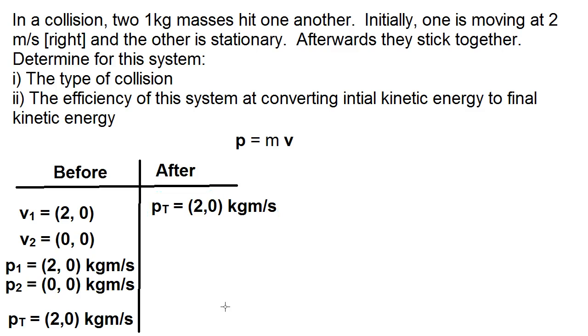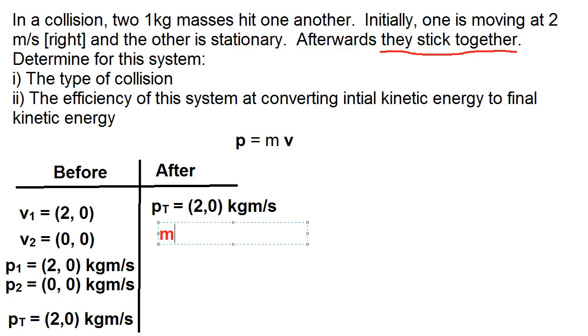Now, afterwards, you're told a couple of things. The most important thing you're told is that they stick together. Now, when things stick together, they move as one object. That means they're going to have effectively one mass and one velocity. So when we're dealing with this, we're going to treat them as being stuck together.